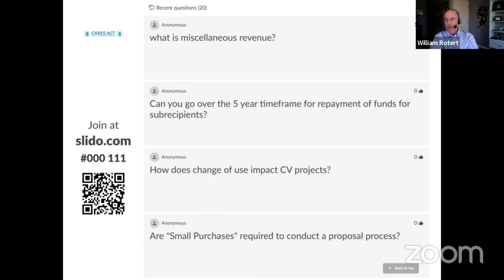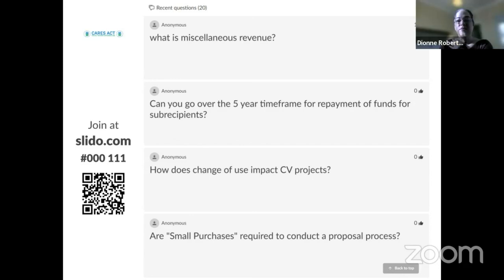But if that organization goes out of business and they stop operating that real property for the purposes that were intended and it no longer meets a national objective, they would be required to dispose of that property and return those net proceeds to the grantee, and that would be considered program income. Is that what you think this is dealing with?